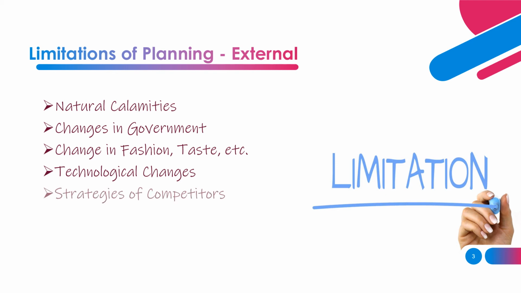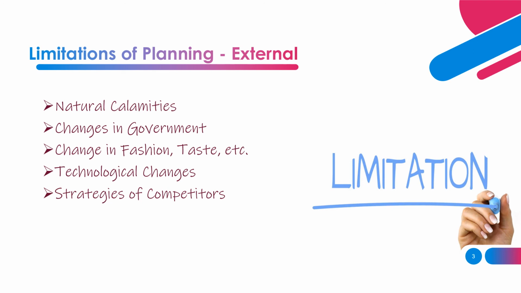Strategies of competitors is the next point. Competitors may change their strategies, which can lead to failure of a firm's plan. For example, a company called ABC Limited has launched a new product with the price of rupees 100, thinking that this product will beat all the competitors in the market because no other competitor has a similar price.